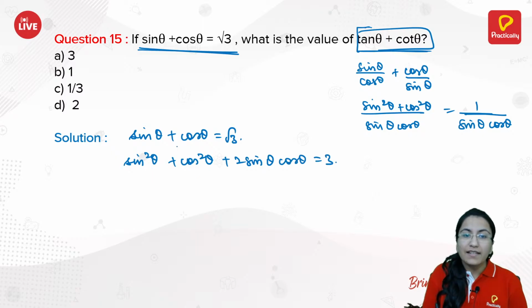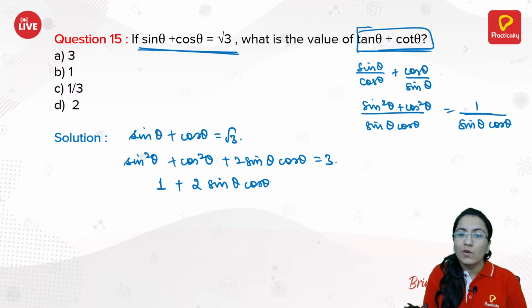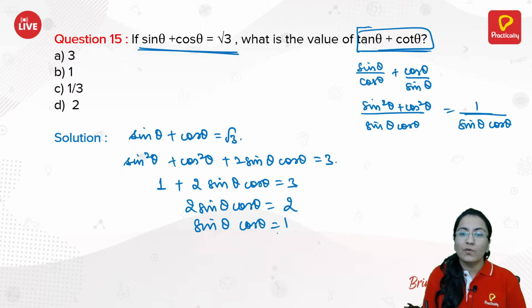Sin square theta plus cos square theta is 1, so you can easily find sin theta into cos theta. You have 2 sin theta cos theta as 3 minus 1, that is 2. So sin theta into cos theta is 1.